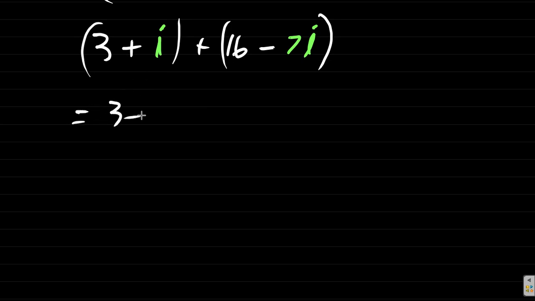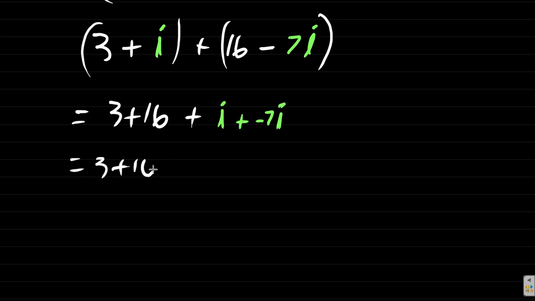What we will have is 3 plus 16 plus what now? i plus negative 7i. So we have 3 plus 16. Well, we know 3 plus 16 is 19. So it's 19. Then 1 minus 7, so we end up with a minus 6i. See that?